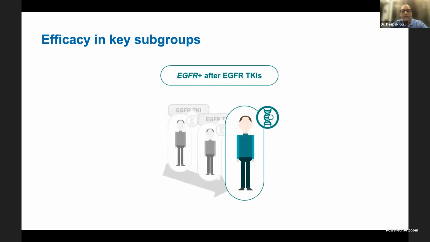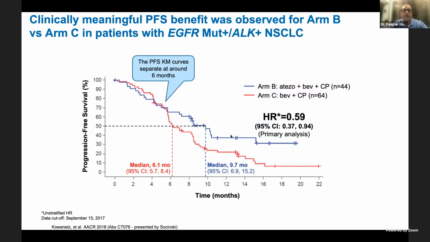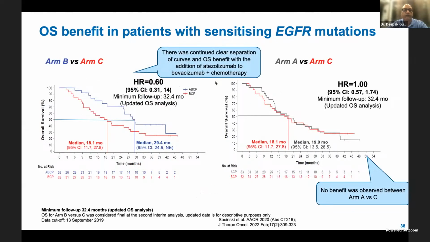Now, coming to EGFR positive patients in this trial who have failed on EGFR TKIs. The PFS curve was seen separating around 6 months, and median PFS was 9.7 months with ABCP as compared to 6.1 months with chemotherapy alone, with a hazard ratio of 0.59.